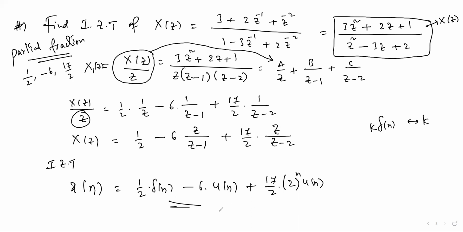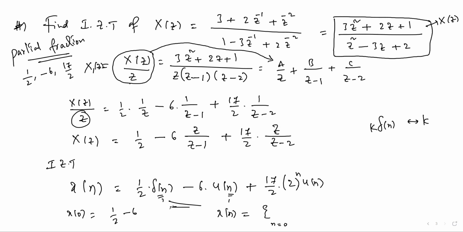Now observe this x of n in sequential form. If you take n value 0, what will I get? x of 0: 1 by 2 delta of n at n value 0 is 1, and u of n also 1.